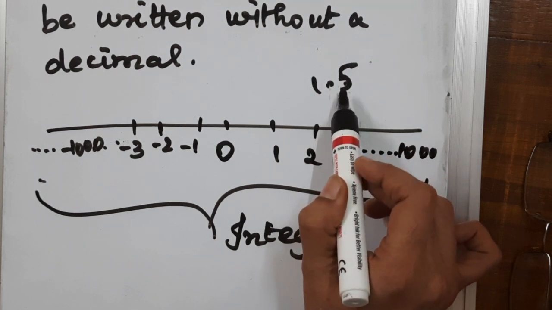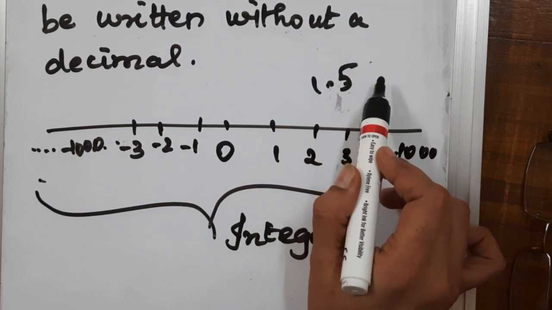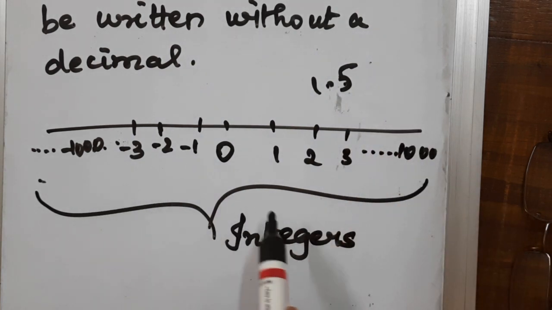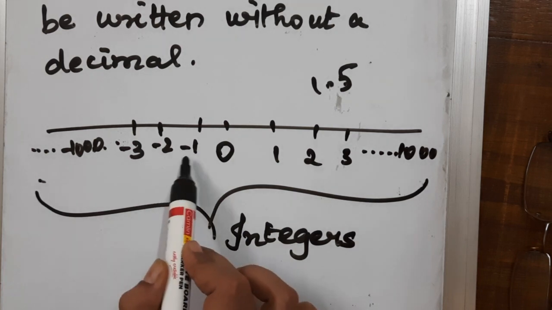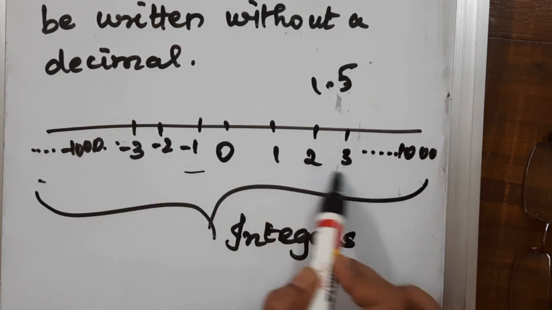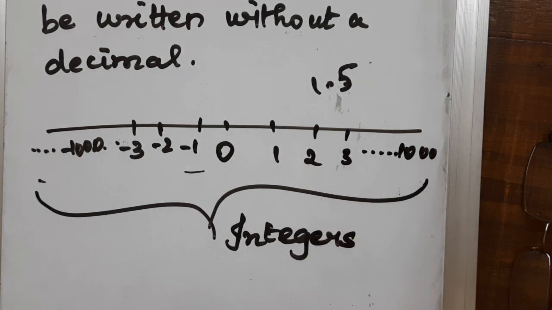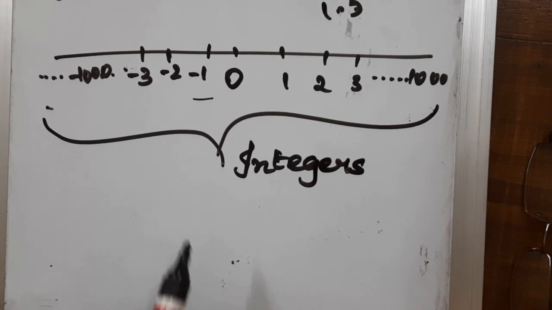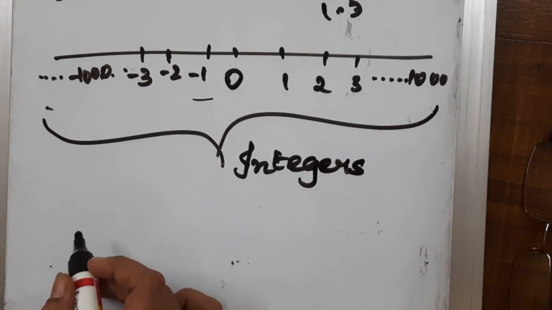We'll call them something else, which we will see in later sessions. So today, when we are dealing with integers, it is the whole numbers. Minus 1, minus 2, minus 3, 3,000, 10,000, 1 lakh are all integers. I'm just giving you some examples for integers.